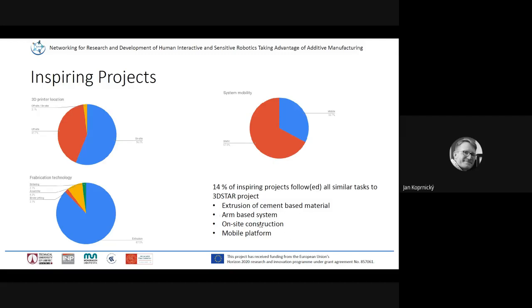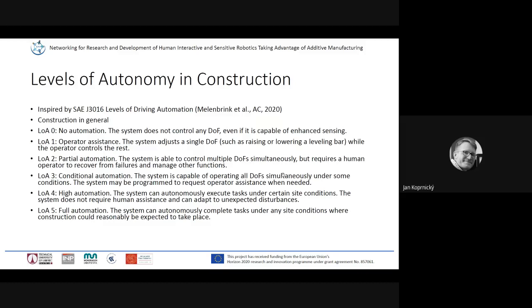They use robotic arms on a mobile platform, and they are able to print the object on site.